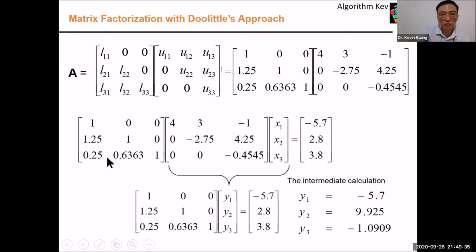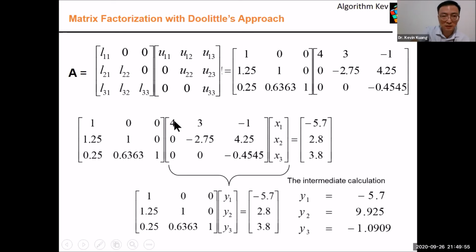Okay, so in order to solve the system of linear equations, we can express it this way. So this is our L and U, which is the decomposition of matrix A, multiplied to the unknown vector X equals to the constant matrix here.